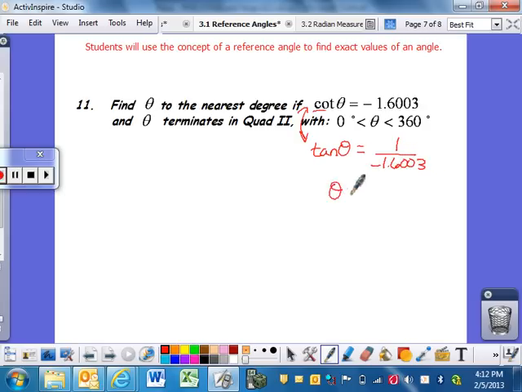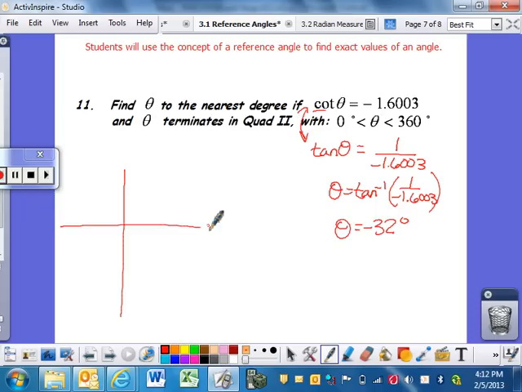So to find theta, it's going to be tangent inverse of that fraction. Okay? And my angle then, when I take the tangent inverse of that fraction, I get negative 32 degrees. So how does this work? I'm going to graph this thing. Now cotangent, same as tangent, is negative.